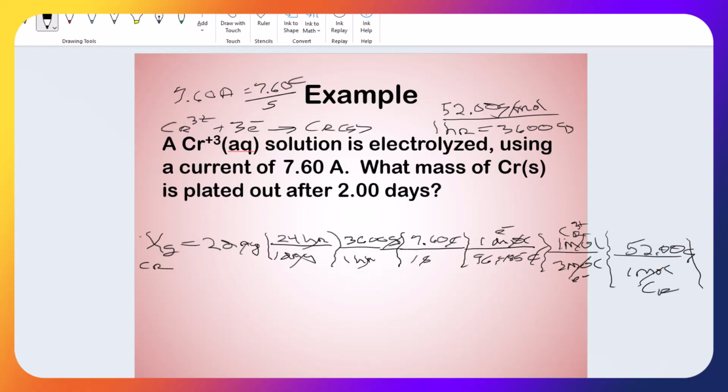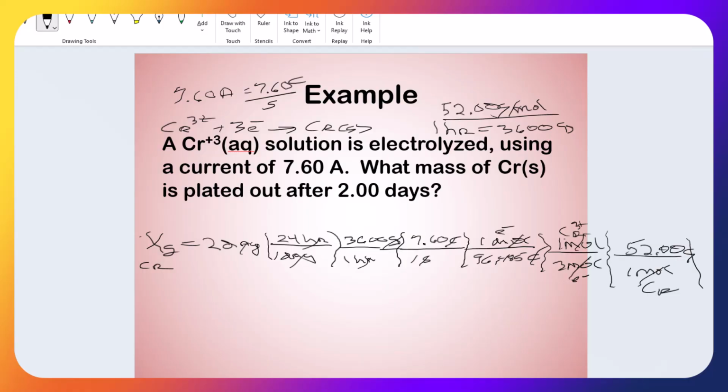Chromium 3+ plus 3 electrons gives you chromium metal. So here we go. 2 days, 1 day, 24 hours, 1 hour, 3,600 seconds, 1 second, 7.60 coulombs, 96,485 coulombs per mole. That's Faraday's constant. 3 moles of electrons reduces 1 mole of chromium 3+. 1 mole of chromium weighs 52 grams.